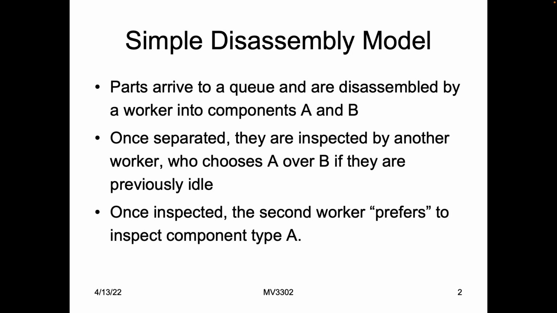And then presumably at some point they're going to be either repaired or reassembled, and if this were embedded in a larger model, that would be another component, because presumably those tasks would be taken care of by some other set of resources. The challenge here is the fact that the same group of workers have to do both the disassembly and the inspection.